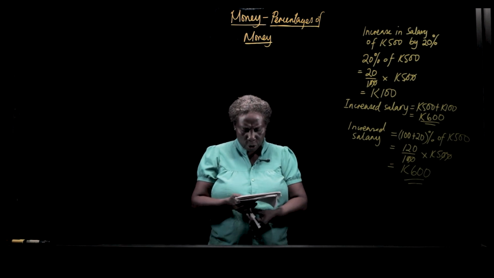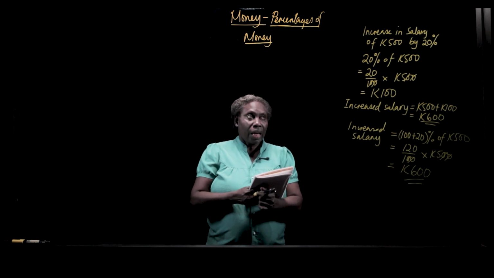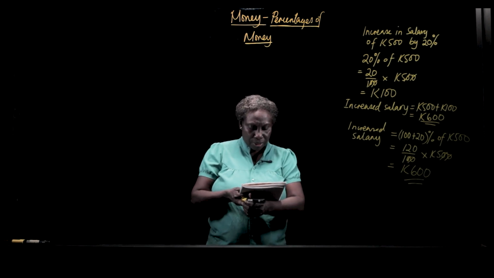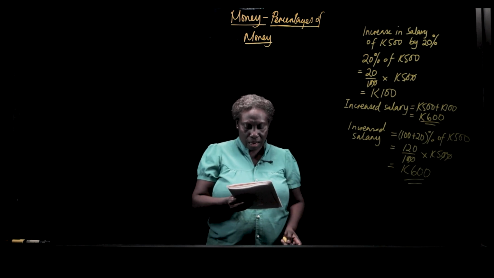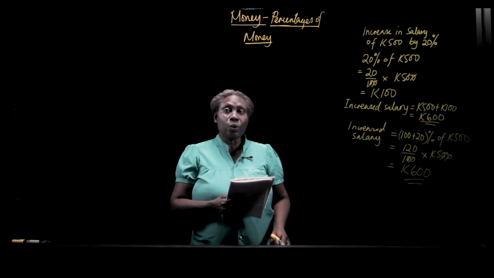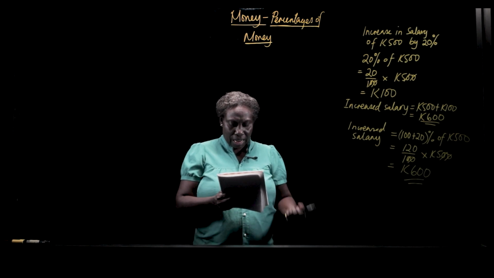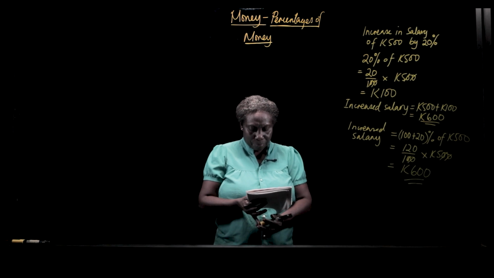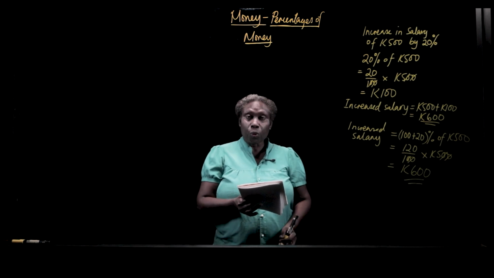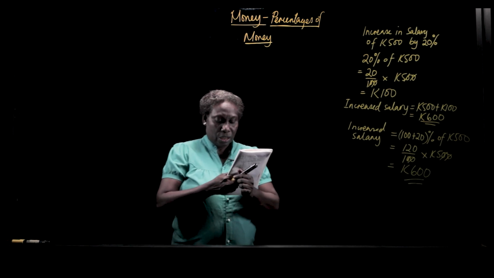This time let's look at a salesperson. This salesperson receives a salary of 500 kina and gets a 2% commission on every sale of items. In a fortnight, he sells items worth 5,000 kina.